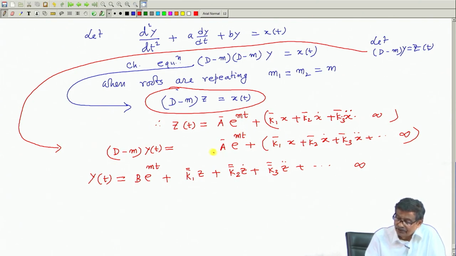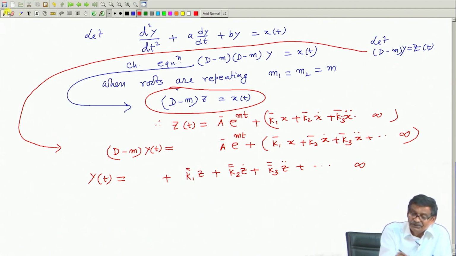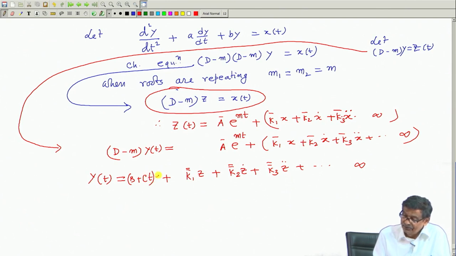there is a forcing function on the right hand side whose exponential is e to the power m t, and the characteristic root is also e to the power m t. Therefore, the natural solution of this one should be modified. Why? It should be written as b plus some constant c into t into e to the power m t.